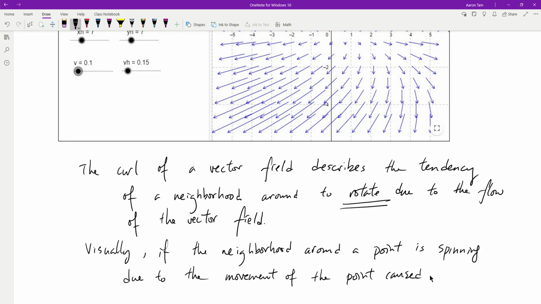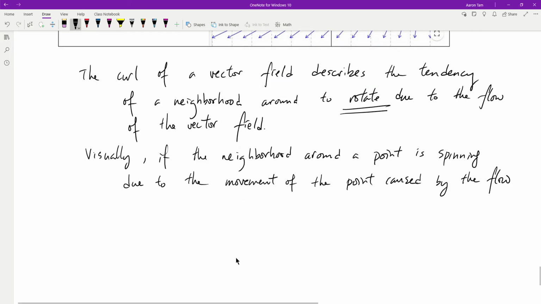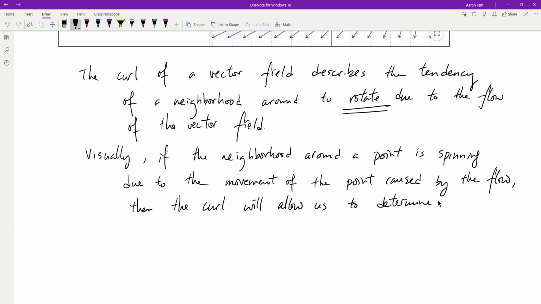If a neighborhood in D is rotating or spinning around based on the movement caused by the flow, then the curl will allow us to determine the following: the direction of the spin, of the rotation, and the speed of the rotation.